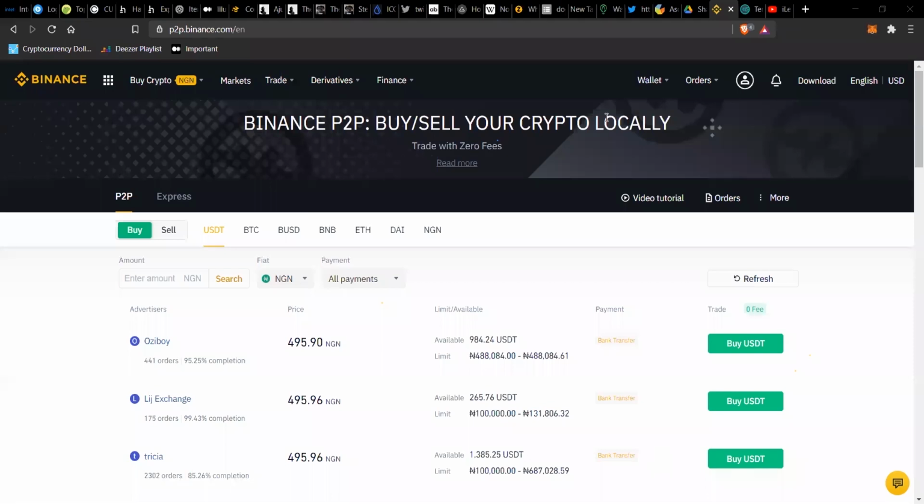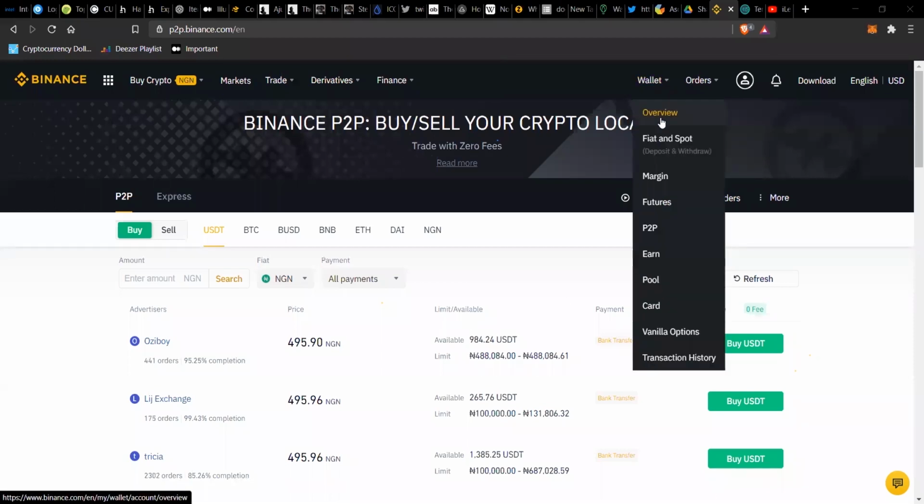So if I come over here to wallet, that's before I touch this segment, let me come here. Coming over to wallets, you can see I have overview, fiat and spot, margin, futures, peer-to-peer, earn, pool, card, vanilla options, and transaction history.